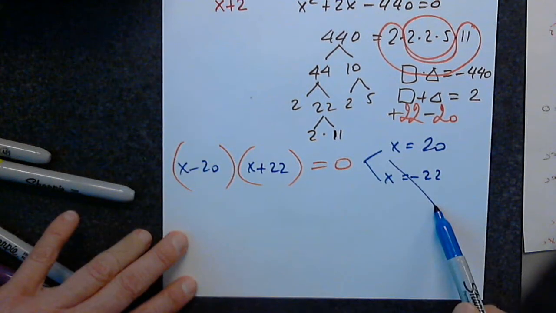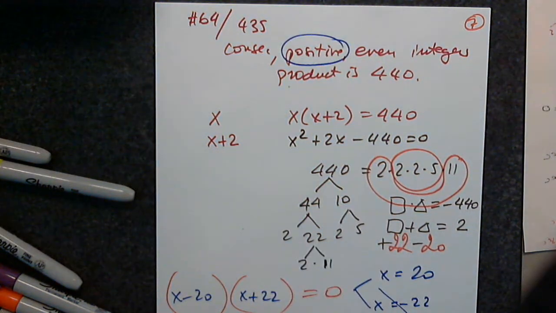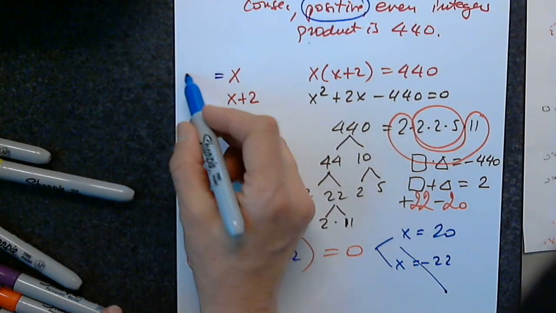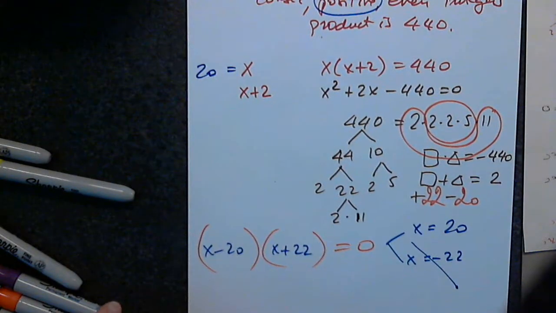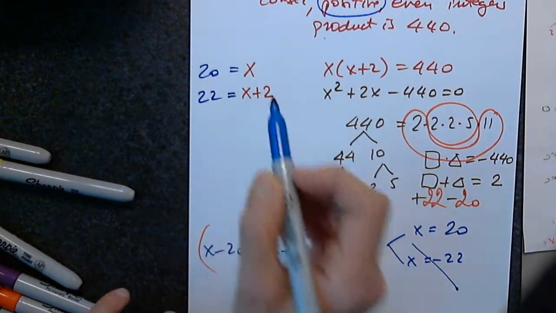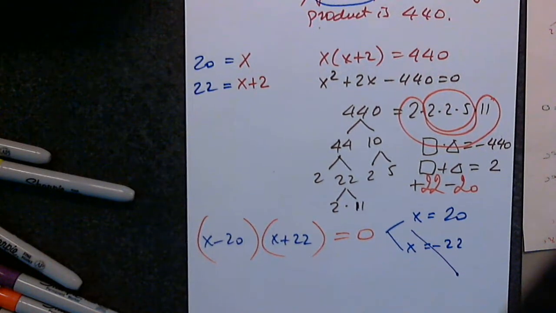However, this doesn't make sense here because we are asked to find 2 positive consecutive integers. So I will say that x is 20, and the next is 22. So these are the 2 consecutive positive even integers whose product is 440.